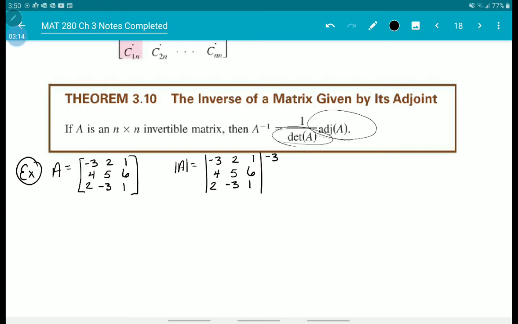We could do row expansions, or we could use the shortcut since this is a 3 by 3. There are no zeros anywhere in that matrix, so you could expand along any row or any column. You'll have the same amount of work.